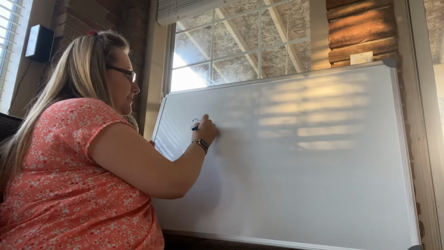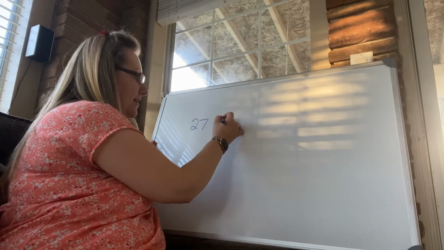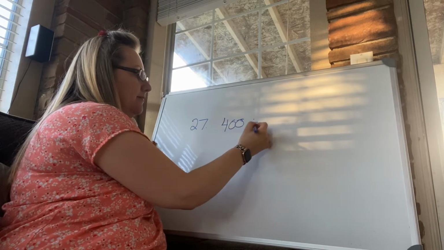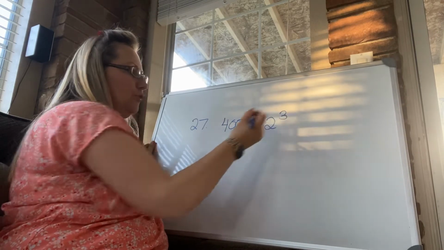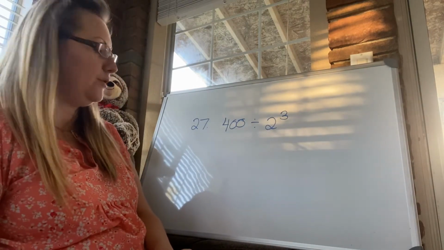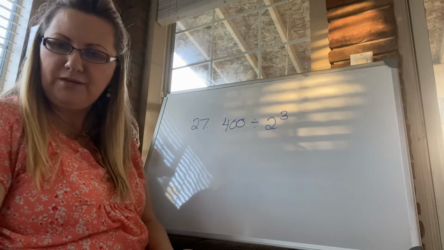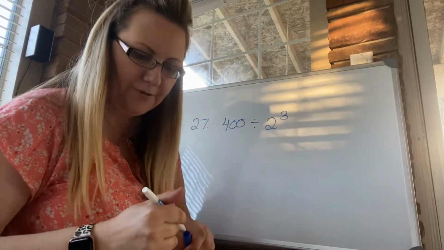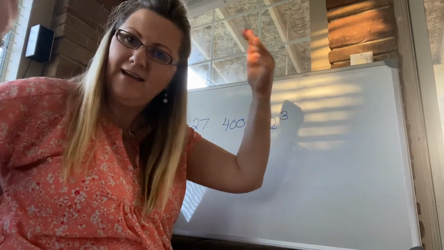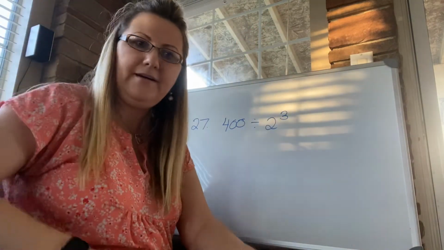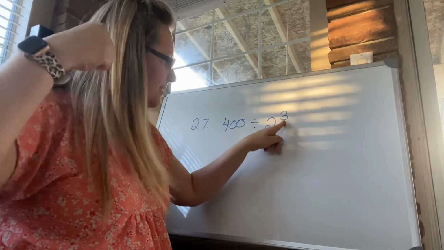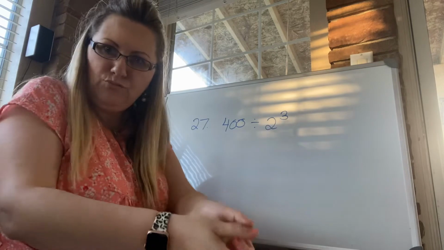So number 27, we have a problem that looks like 400 divided by 2 cubed, 2 to the 3rd power. So what goes first? Let's see. Remember our little song? Parentheses, I get to go first. And then we have powers and roots.